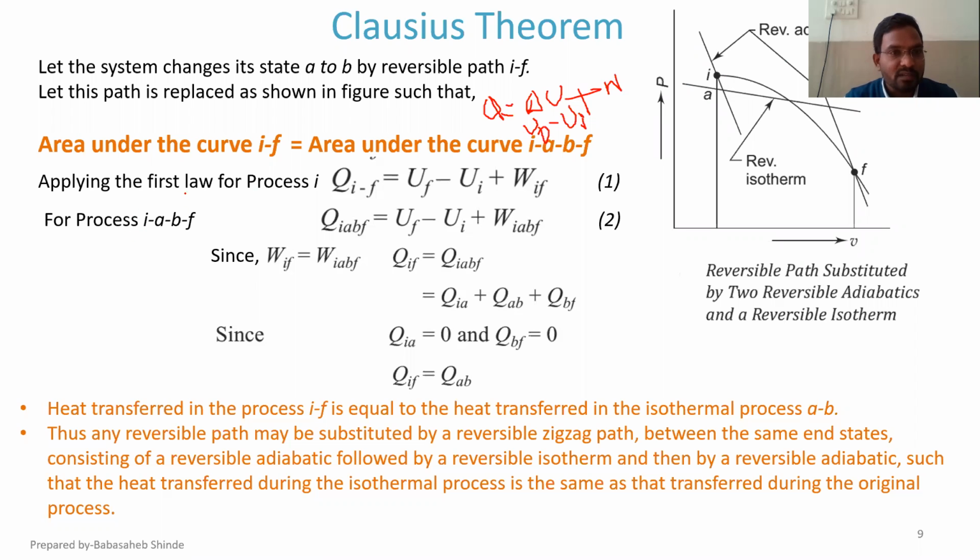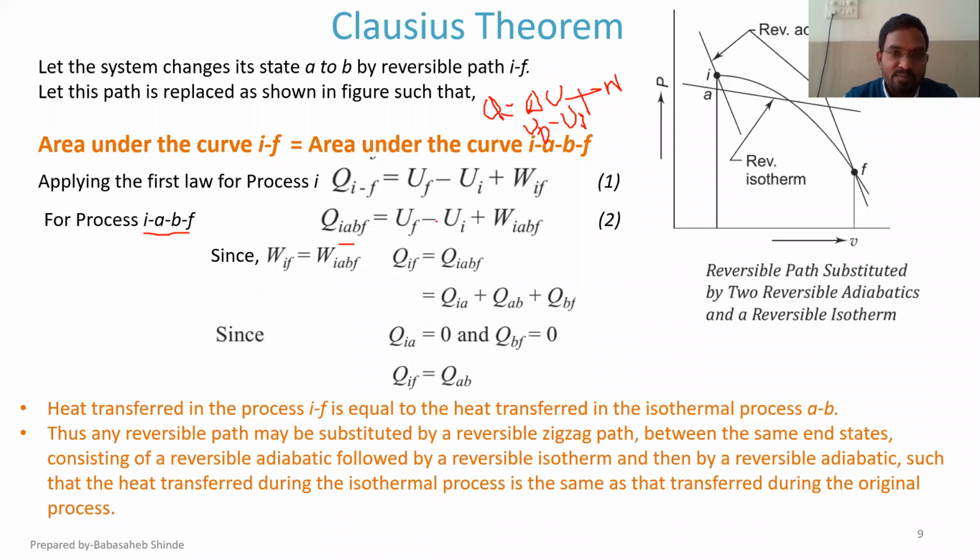Similarly, if I write the relation for the replaced path IABF, it would be QIABF is equal to UF minus UI only, as for the first process IF, since even for that process the initial stage is I and the final stage is F, plus WIABF, because there are now intermediate stages also.